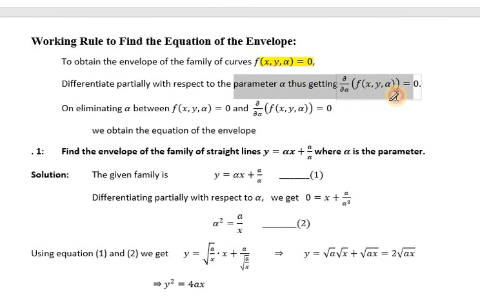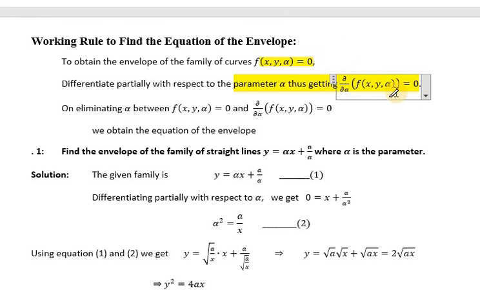Thus, we get dou by dou alpha of f of x comma y comma alpha is equal to 0. See, partially differentiating the given curve with respect to alpha, we get dou by dou alpha of f of x comma y comma alpha is equal to 0.